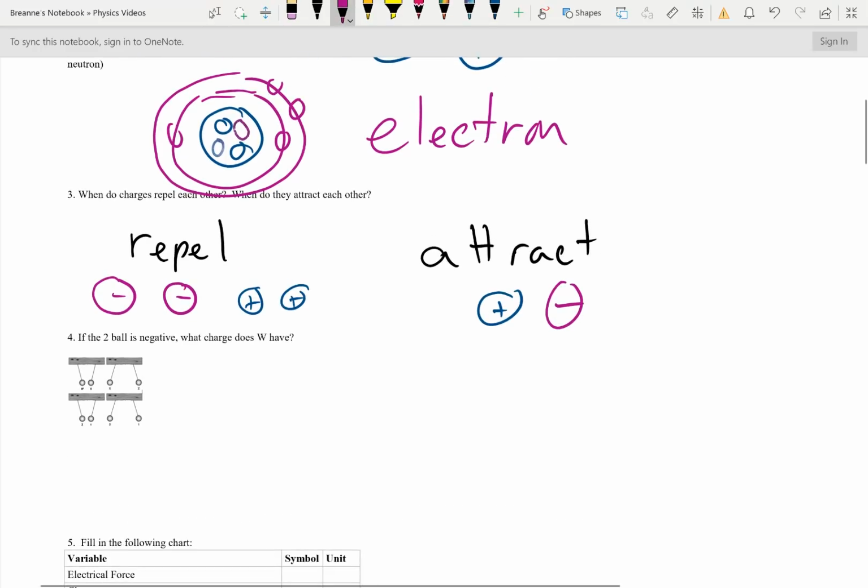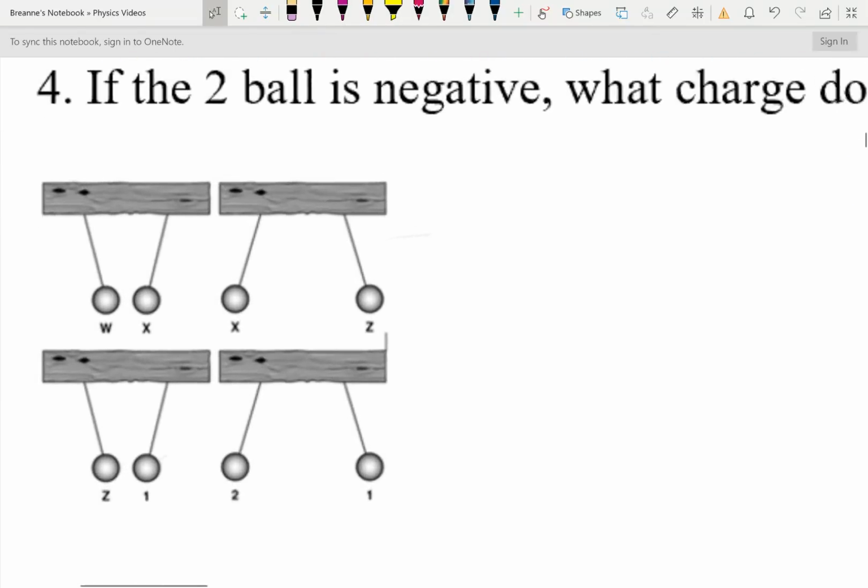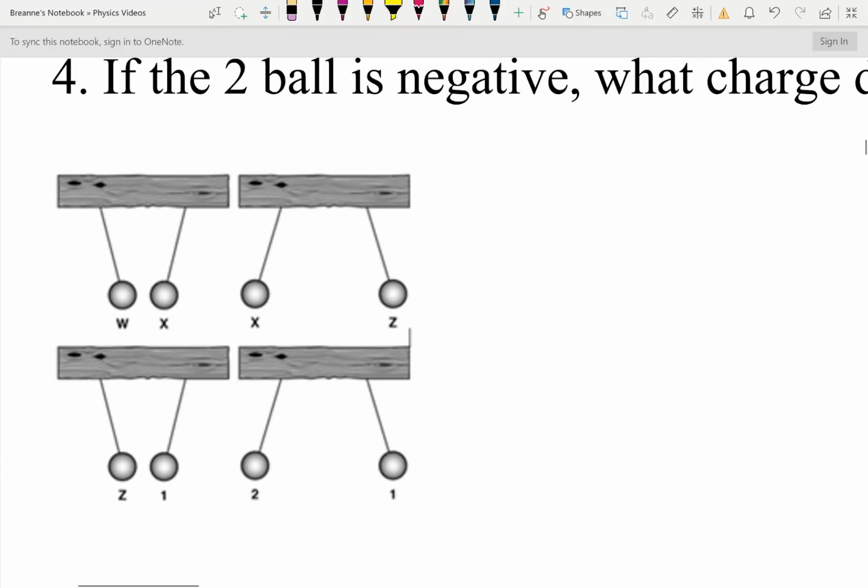If ball 2 is negative, what charge does the W ball have? We know 2 is negative, so they're being repelled, so we know 1's negative. If 1's negative and 1 is being attracted to Z, we know Z has to be positive. If Z's positive and it's repelling X, X has to be positive.